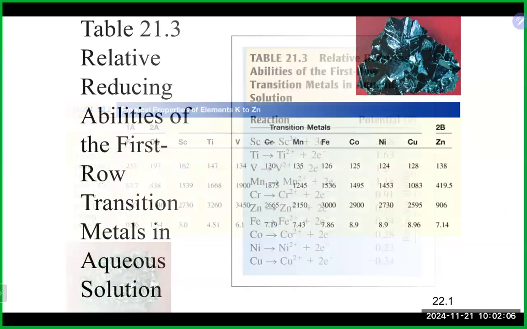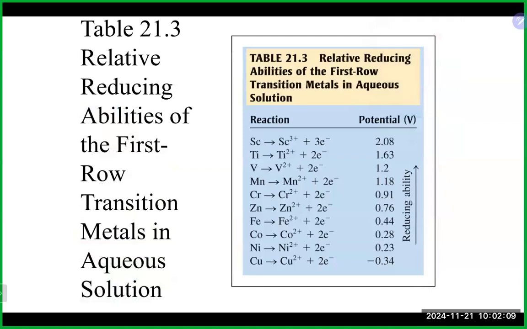All right. This is a table of reducing abilities of first row transition metals. And we can see that greater reducing ability occurs up here. And remember that reducing ability is something that gets oxidized, right?